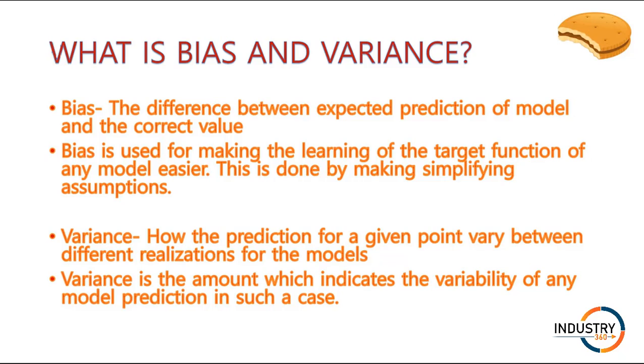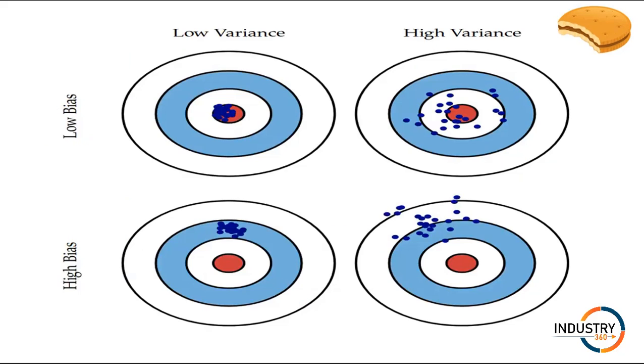Now let's try to understand bias and variance through the figures. As you can see in the first figure, the case is low bias and low variance when all the points are located at the red circle. This is our ideal situation. In the second figure, we have low bias and high variance, where the points are scattered all over the circle.